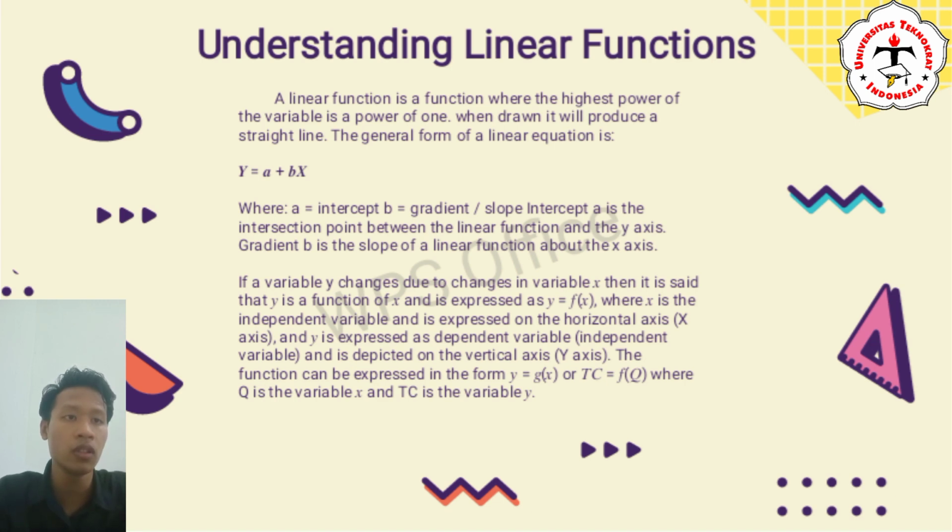If a variable y changes due to change in a variable x, then it is said that y is a function of x and is expressed as y equals f(x), where x is the independent variable and is expressed on the horizontal axis, and y is the dependent variable and is expressed on the vertical axis.